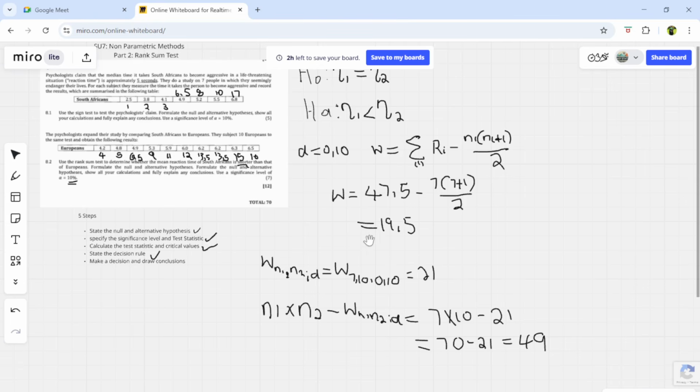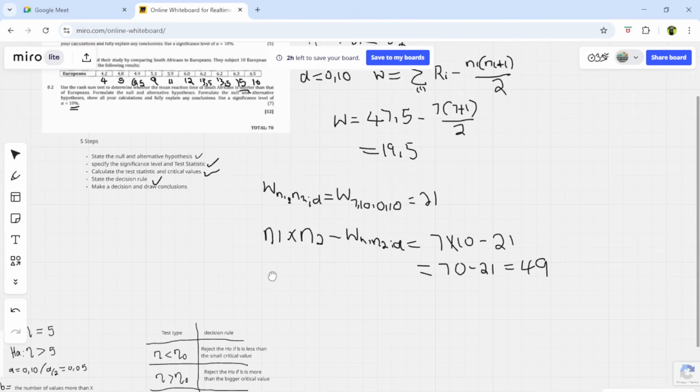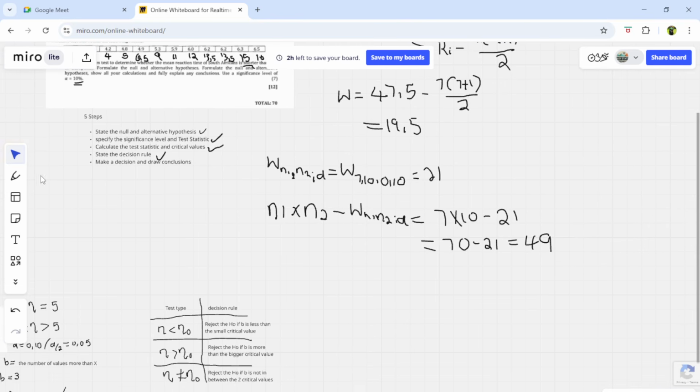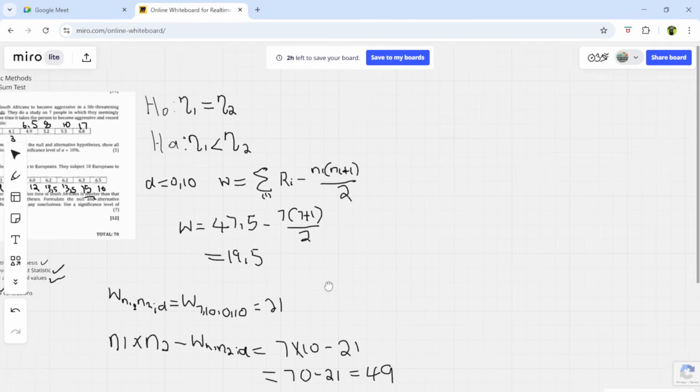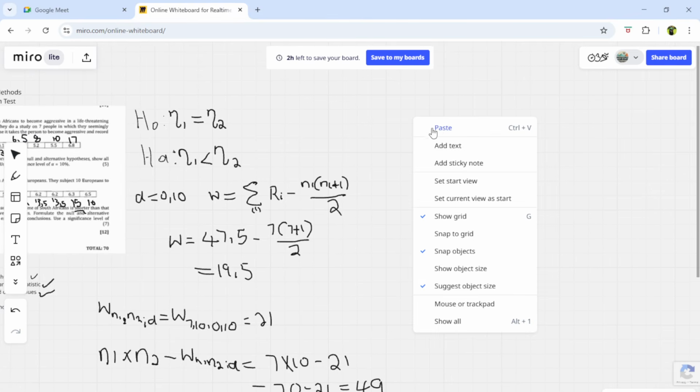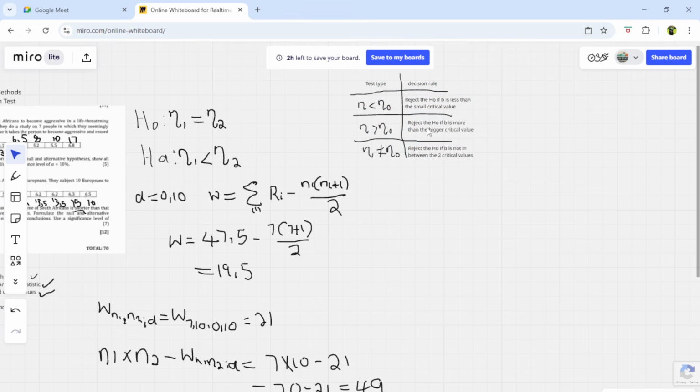But remember, the same thing we did with the first one. Let me just copy this and take it up there, and paste it here. So this is the guideline. This is not the actual thing you're going to write, but it's your guideline.